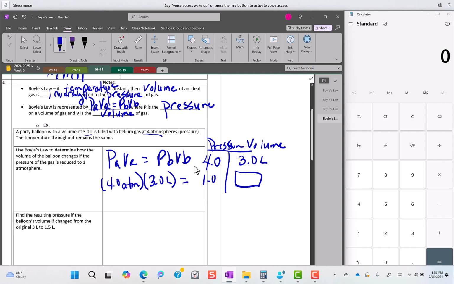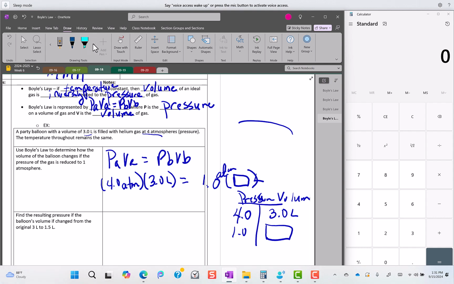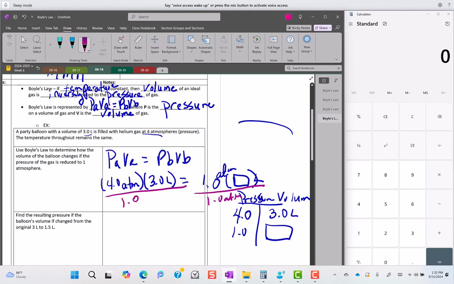equals 1 atmosphere times the volume. So we're going to divide both sides by 1.0 atmosphere.